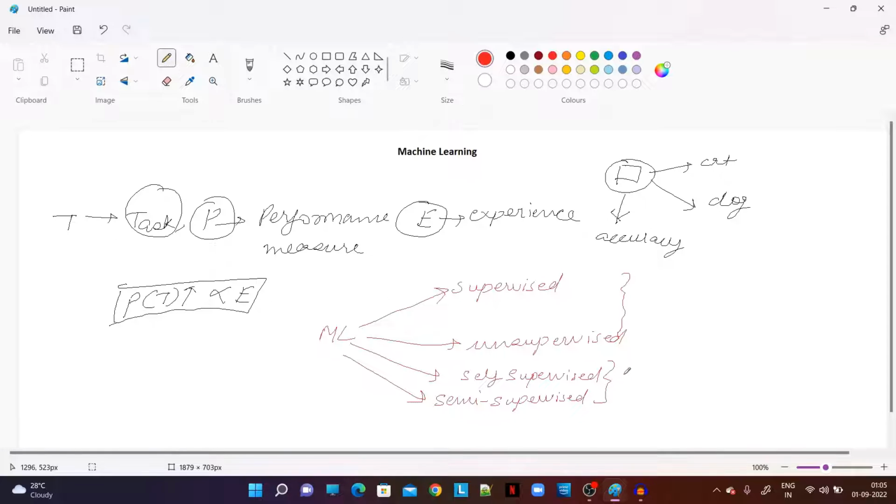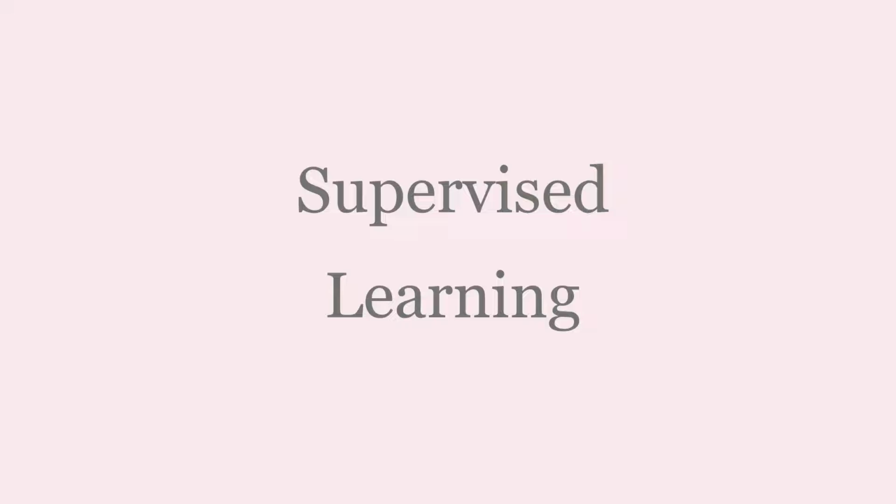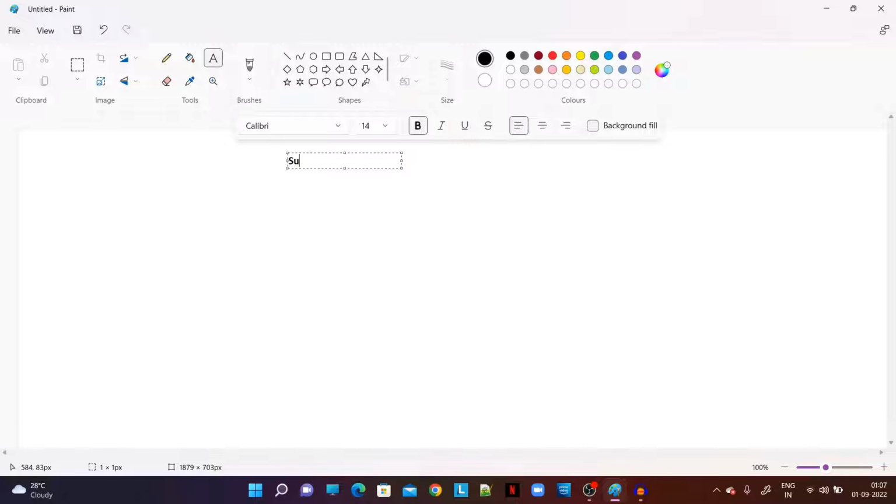what is supervised. The first type of machine learning system is a supervised machine learning system. So what is a supervised machine learning system? Let's talk about it. What is basically a supervised learning algorithm, and how would we define a supervised learning algorithm?